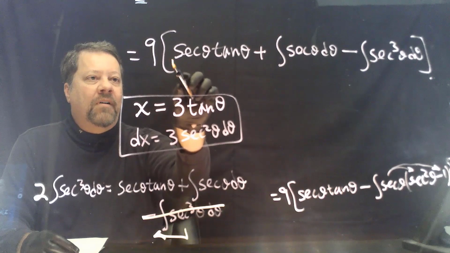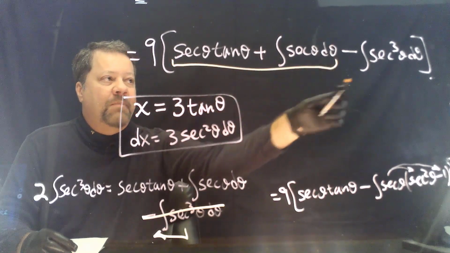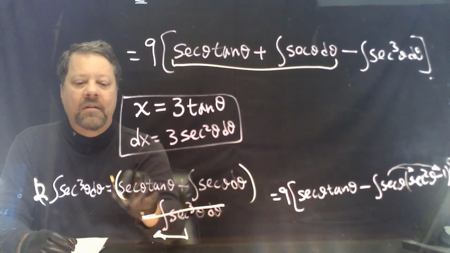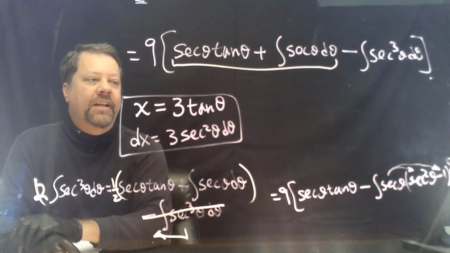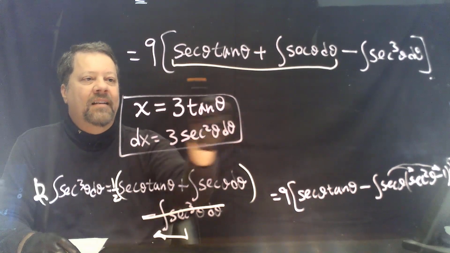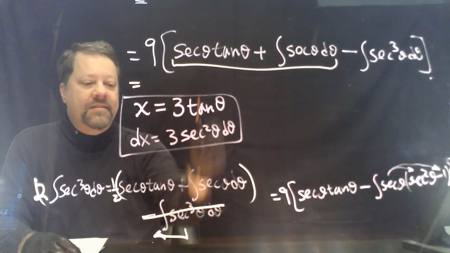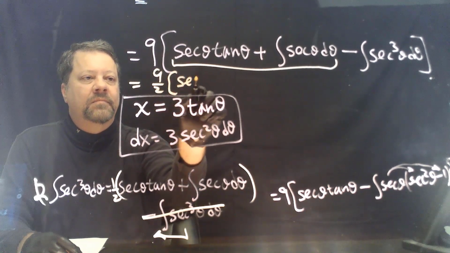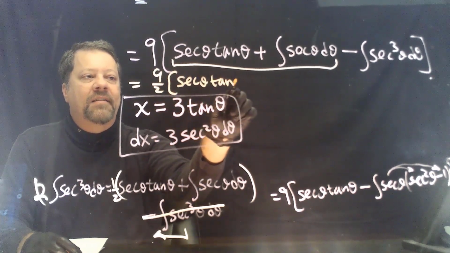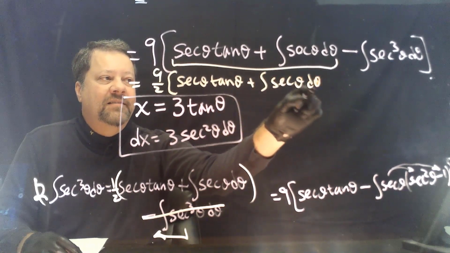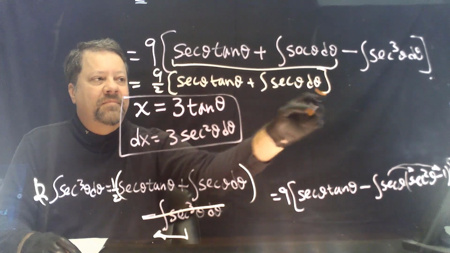So all of this gets multiplied by 1/2 after we drop this 2 over to here, bring this to the other side, and then divide by 2. That leaves us then with 9/2 secant theta tangent theta plus the integral of secant theta d theta.